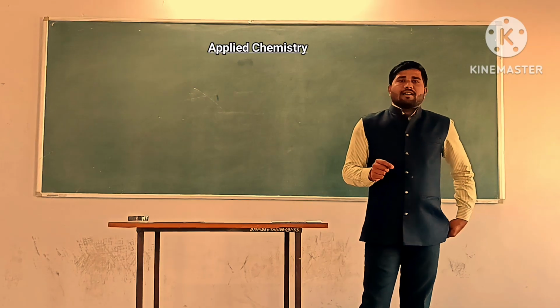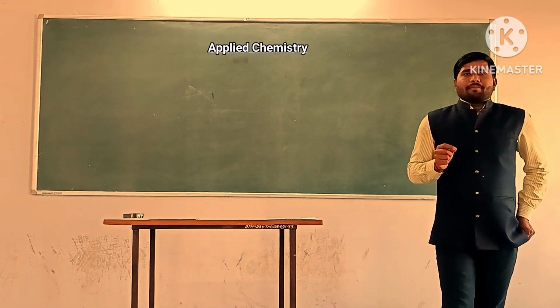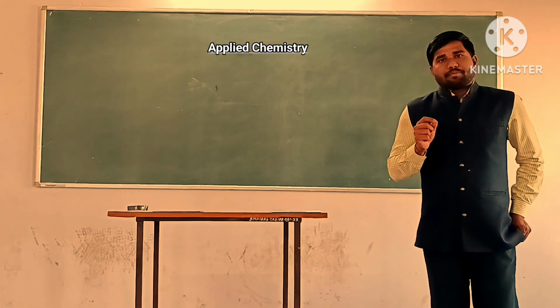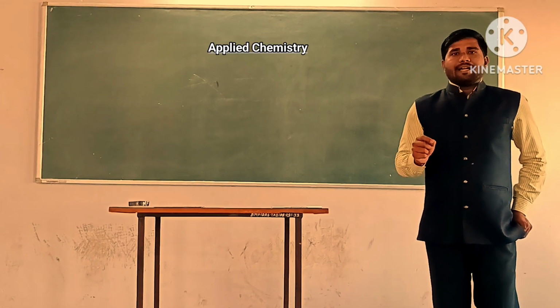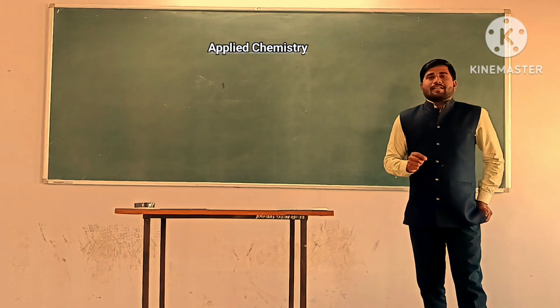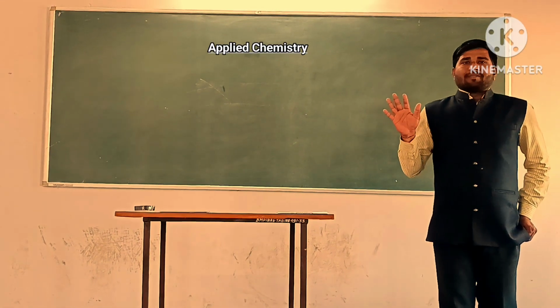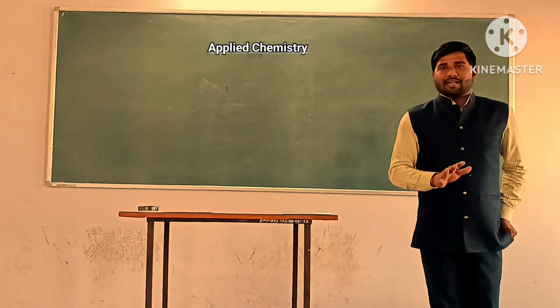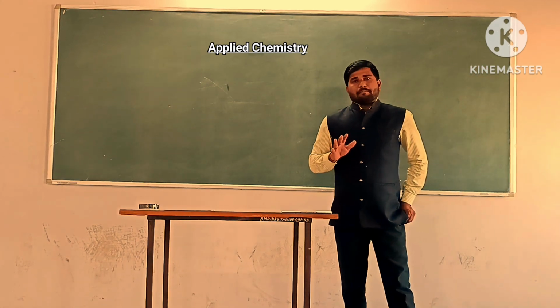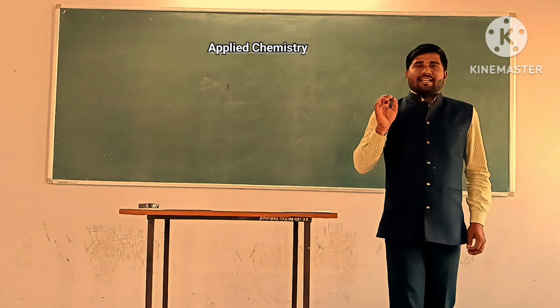It is a method where the ore is heated in absence of air, and this method is carried out in a blast furnace, but the doors of the furnace are closed. The examples are limestone and malachite. This is the first method, calcination.